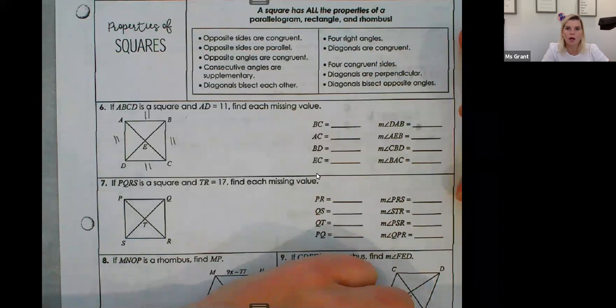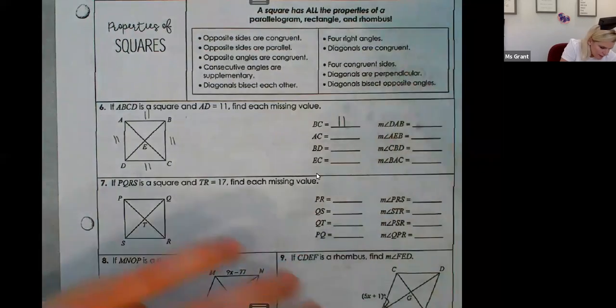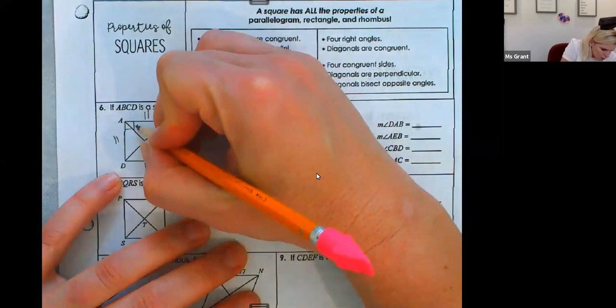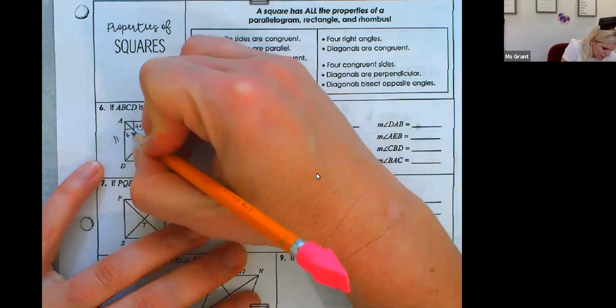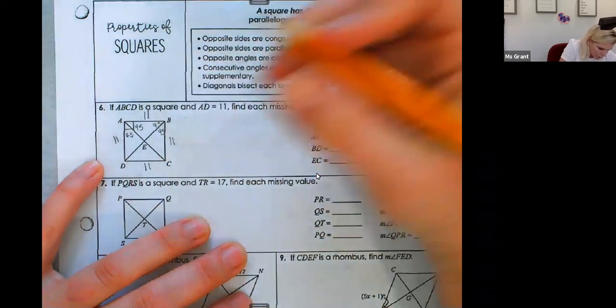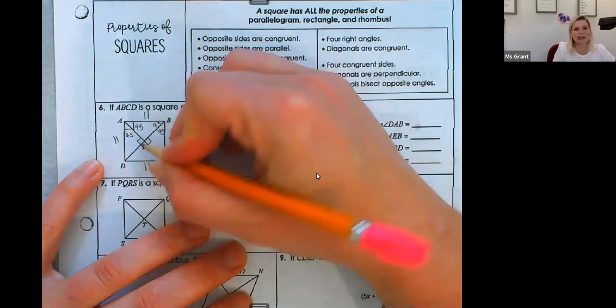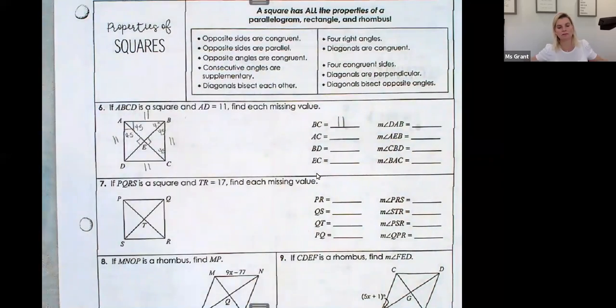So BC is 11. Oh, by the way, you guys, these are 90, but they're cut up into 45, 45s. I mean, we know that, right? 45, 45. The diagonals are perpendicular, so those are 90s in the middle.